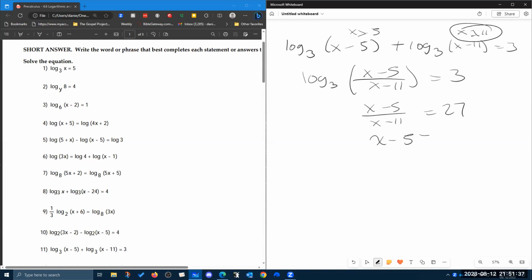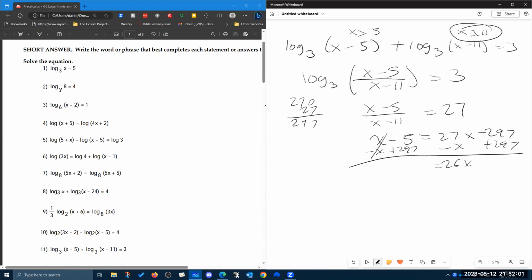X minus 5 equals 27x minus 270 plus 27 is 297. Subtract x plus 297. 26x equals 292. X equals 292 divided by 26.